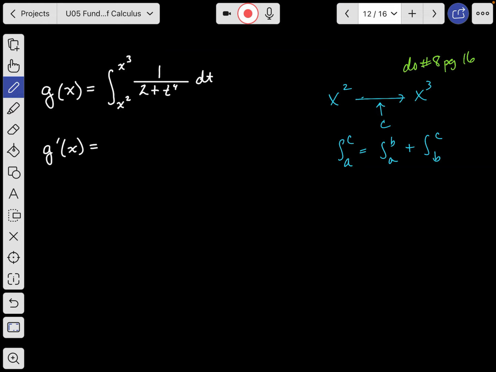And so I'm going to go ahead and rewrite this. x squared to some constant, plus that constant to x cubed. All right, so now this first term, hopefully you recognize we're going to need to go ahead and reverse the boundaries.